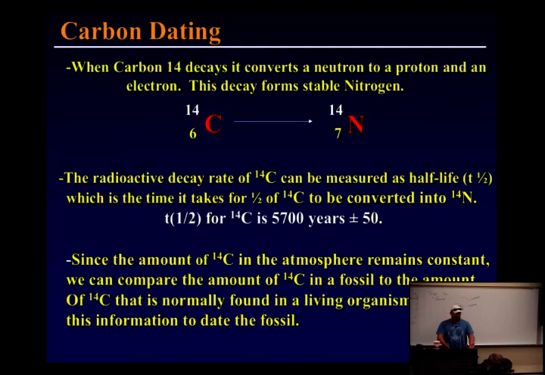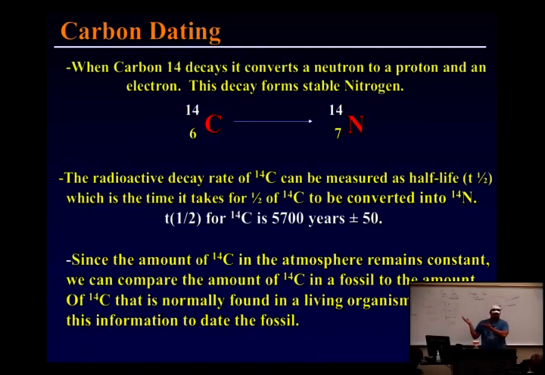Then, if I walked away for another 5,700 years and I came back, half of the carbon-14 that was left would become nitrogen. So how much of the brick would be nitrogen now? It's a half of a half, right? So it's 3/4 nitrogen and 1/4 carbon-14. And then if I left another 5,700 years and I came back, it would be 1/8, and 1/16, and a 32nd, and so on and so forth.